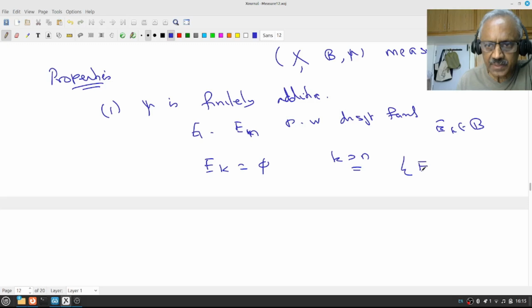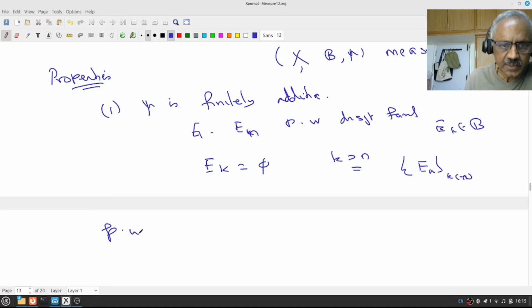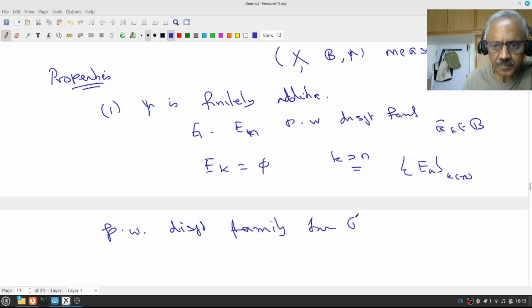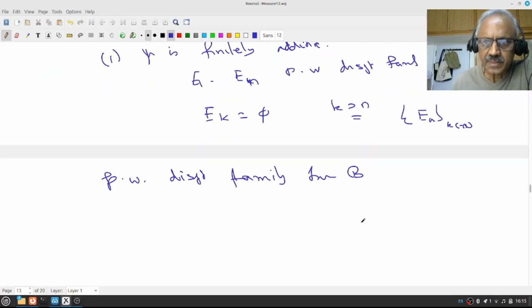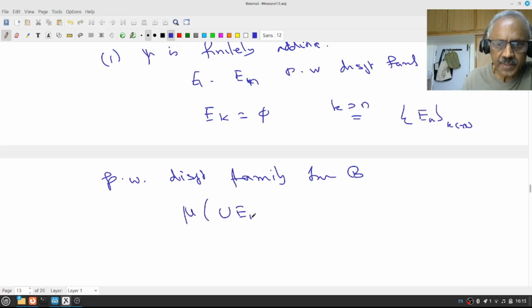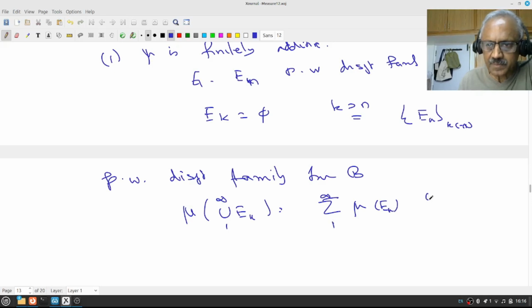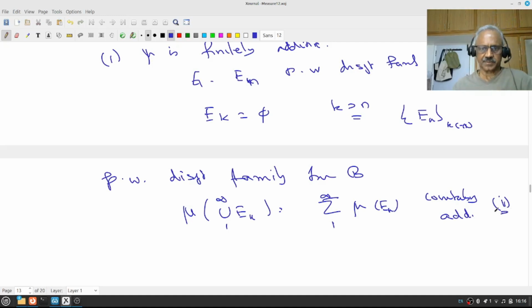Now let's look at Ek, with k running over all of N. This is a pairwise disjoint family of elements from B. Therefore, by countable additivity, mu of the union of Ek, k equal to 1 to infinity, equals the summation of mu of Ek. This is by countable additivity, which is the assumption 2, the second property of measure.